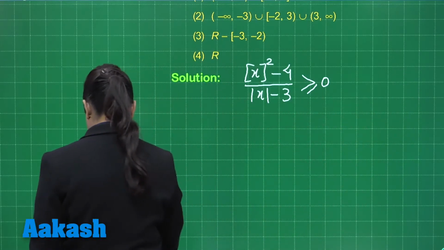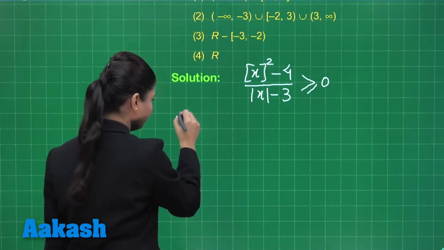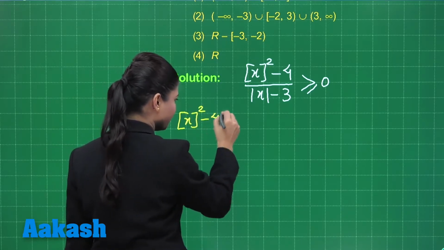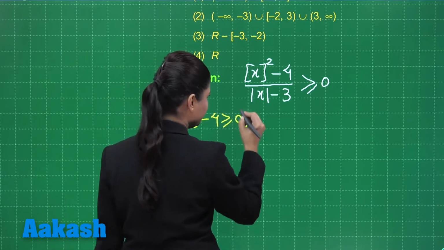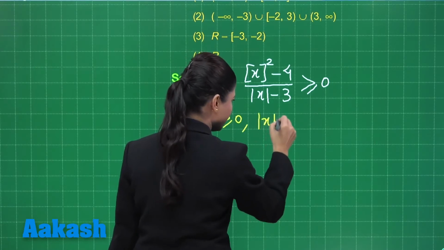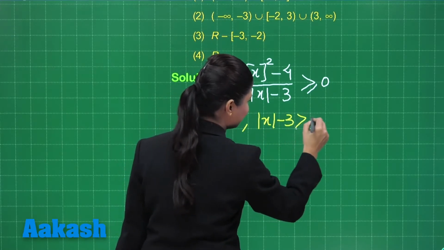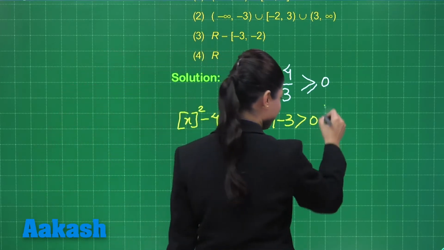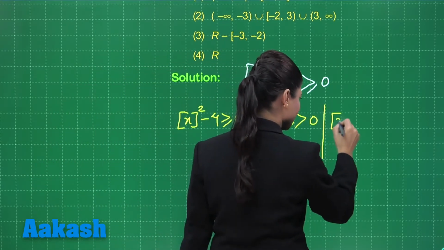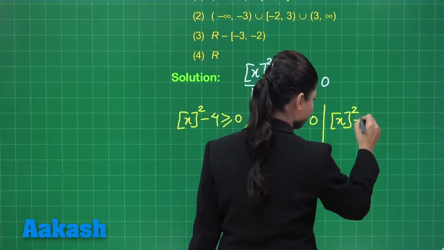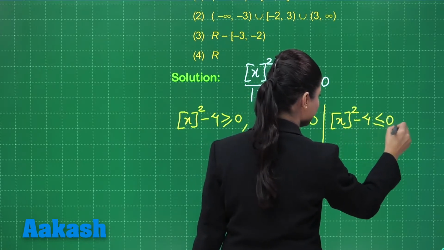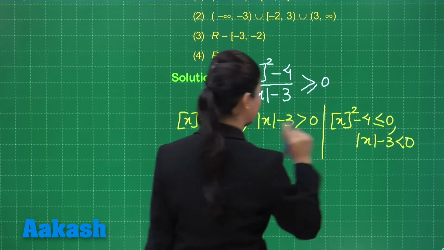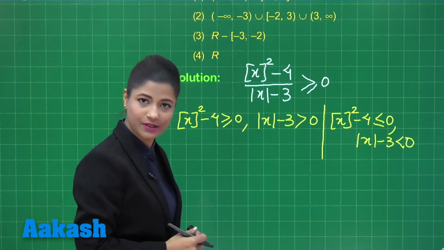In the first case, we consider ([x] minus 4) greater than or equal to 0, and moreover mod of x minus 3 will also be greater than 0. The second case has ([x] minus 4) less than or equal to 0 and mod of x minus 3 less than 0 as well. So let us consider the first case.